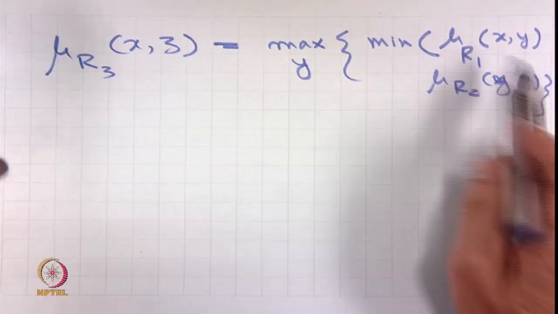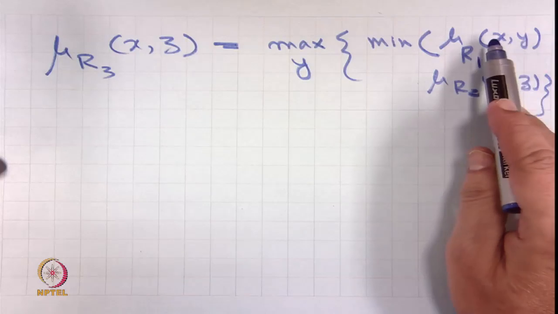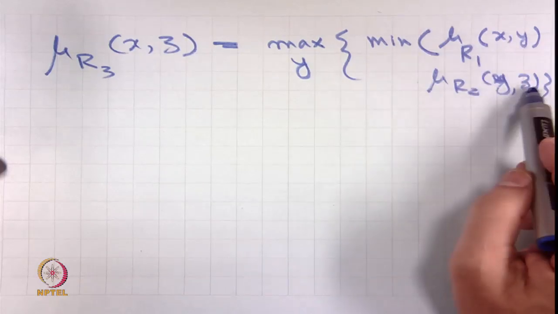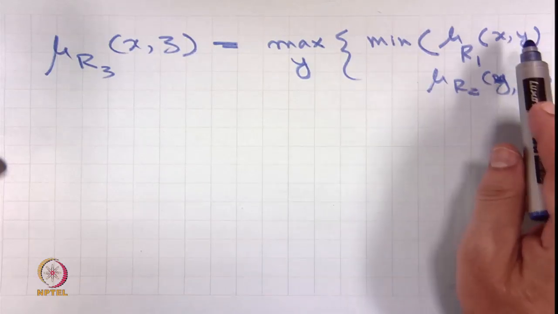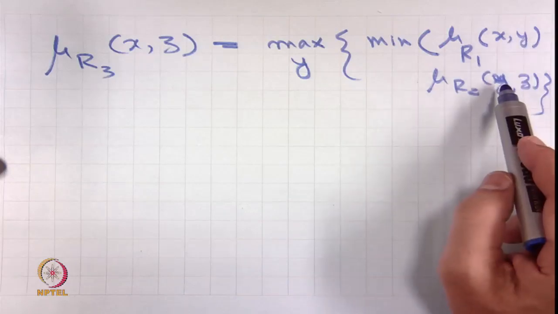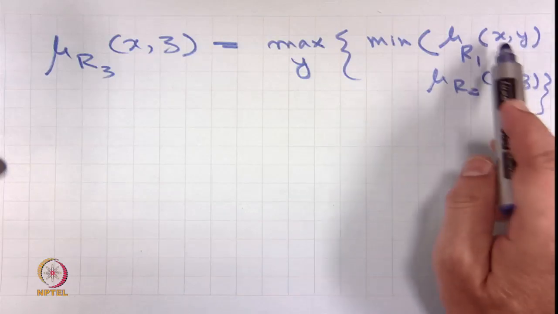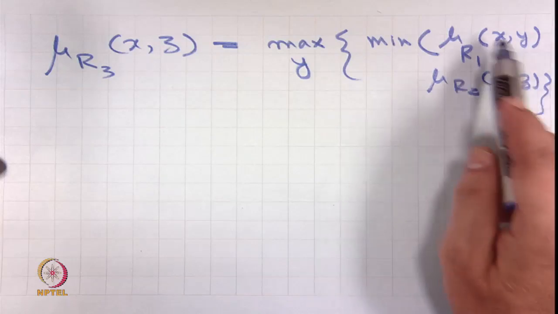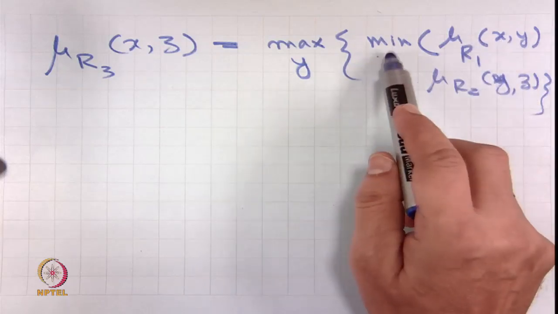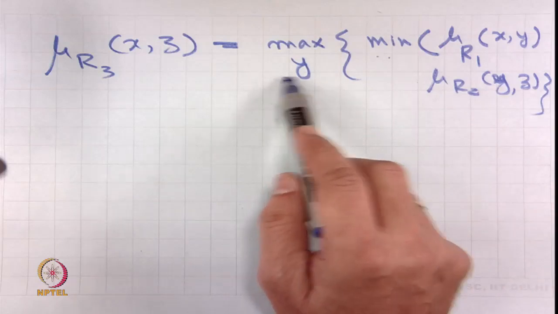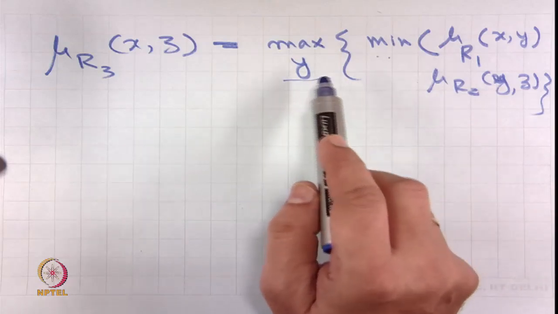That is, we are looking at the strength of relationship between x and y and z. Therefore, for all possible values of y, we look at this relationship and take the minimum of that. Then finally, we take the maximum of all these values.